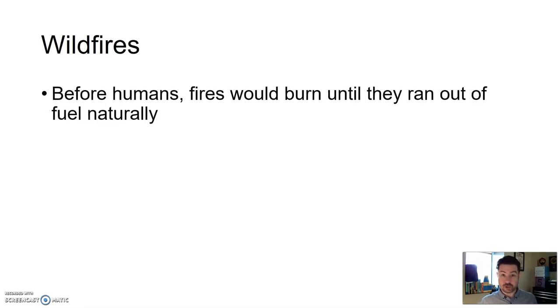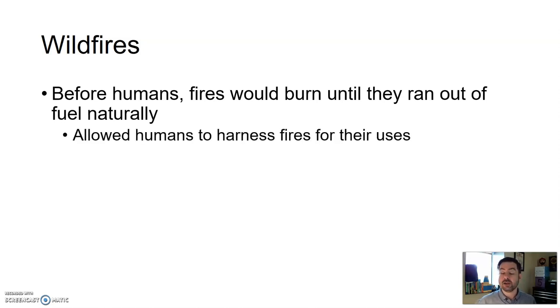So before humans, wildfires would burn until they ran out of fuel. Naturally, fuel is stuff that burns: trees, logs, leaves, whatever. In fact, it was naturally caused wildfires that allowed humans to harness fire for the very first time for their uses.